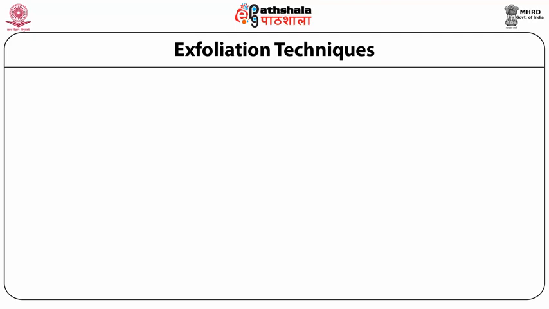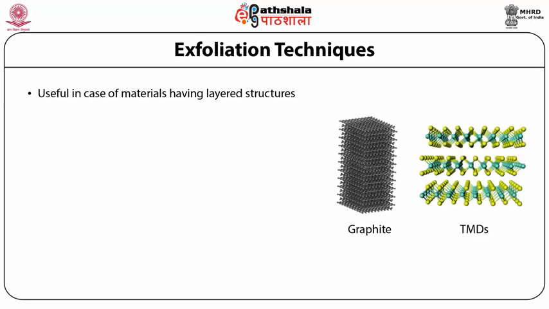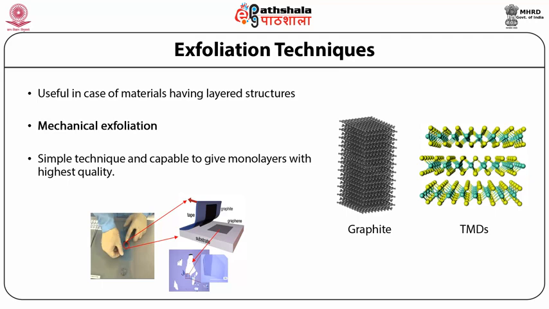Next is the exfoliation technique. The exfoliation technique is useful in the case of materials having layered structures, as shown in this figure, for graphite and for TMDs. Here we will be discussing mechanical exfoliation, which is a simple technique and is capable of giving monolayers with the highest quality.